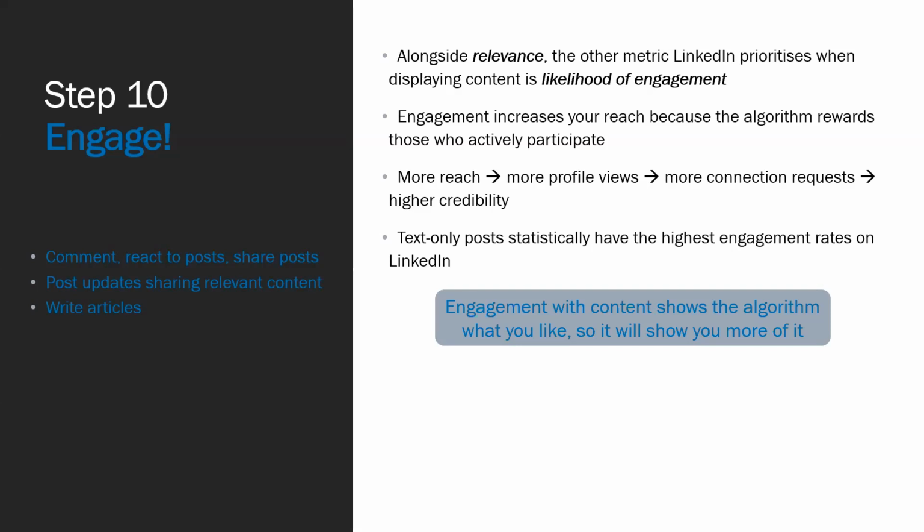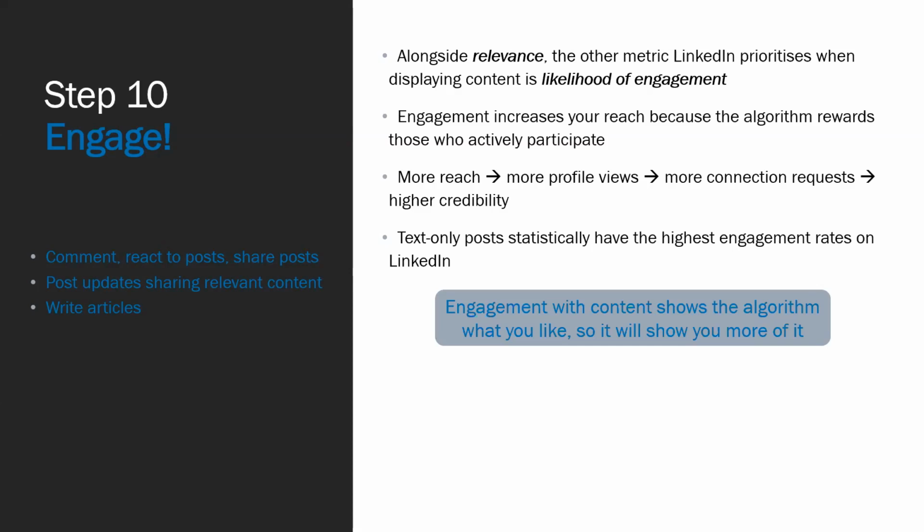So if you, and Wasim spoke a little bit about this earlier, if the post that you are writing or something that you're sharing is likely to cause a lot of engagement, they will show it to more people. It also increases your reach because the algorithm rewards those who actively participate.